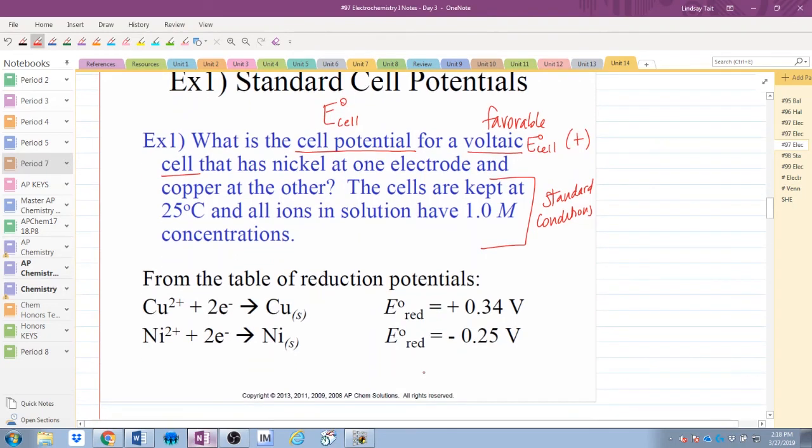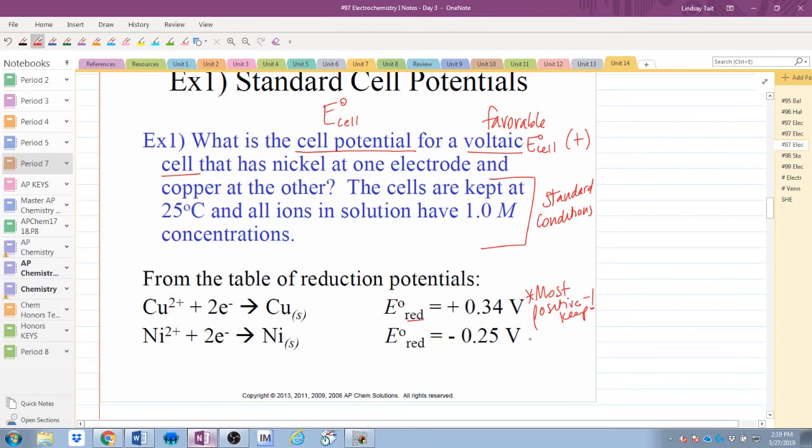Here's our problem. We've got the copper, we've got the nickel. Those are both reductions. One of them's got to be an oxidation, right? If I'm going to make this a battery, one of them has to be an oxidation. So my rule of thumb is I look at the two, and whichever reduction is the most positive, that's the one I keep. So that means right here, this is my most positive reduction. And so that's the one I keep. I'm going to leave that copper 2+ reduction alone.